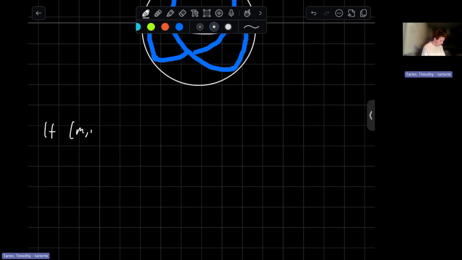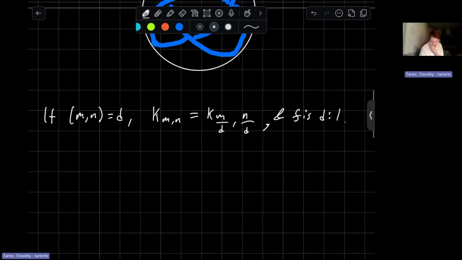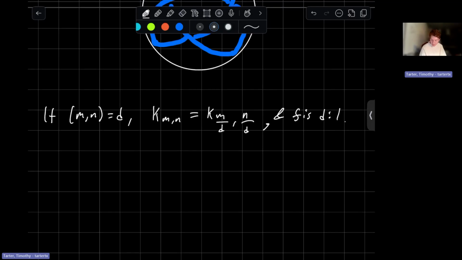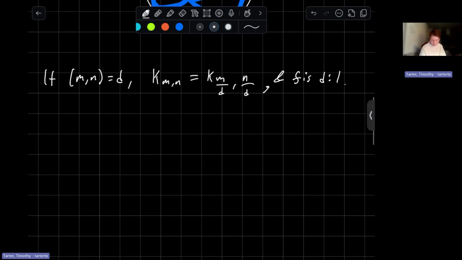So if (m,n) equals d, then K(m,n) is the same knot, and f is d to 1. One could allow negative values for m and n, but this would only change K to be a mirror image knot.